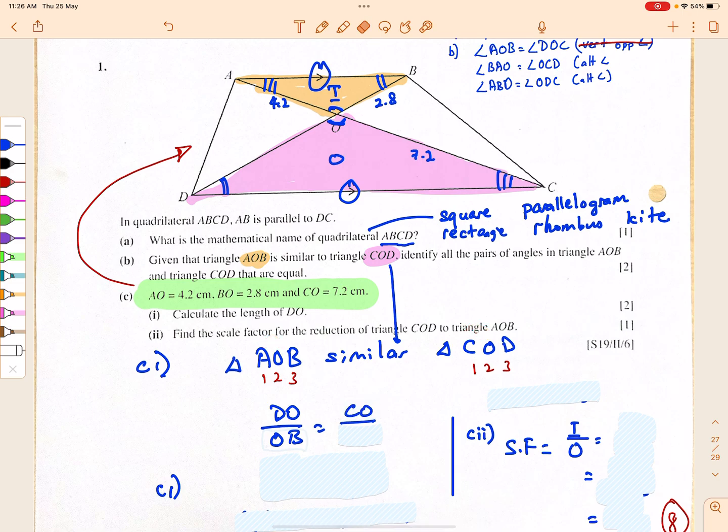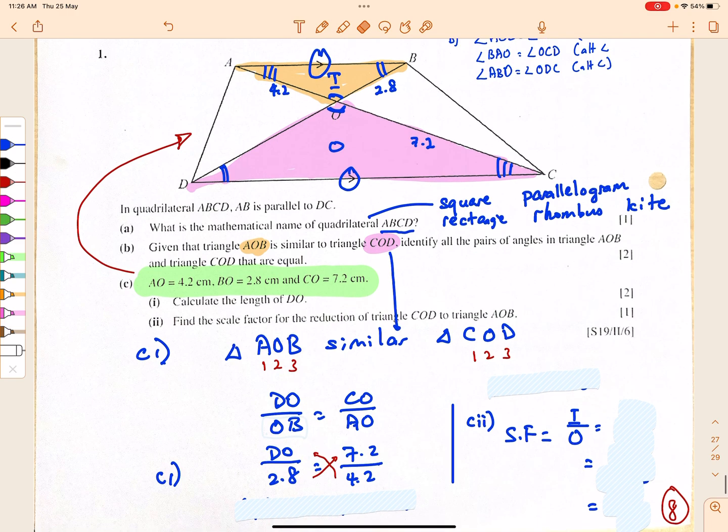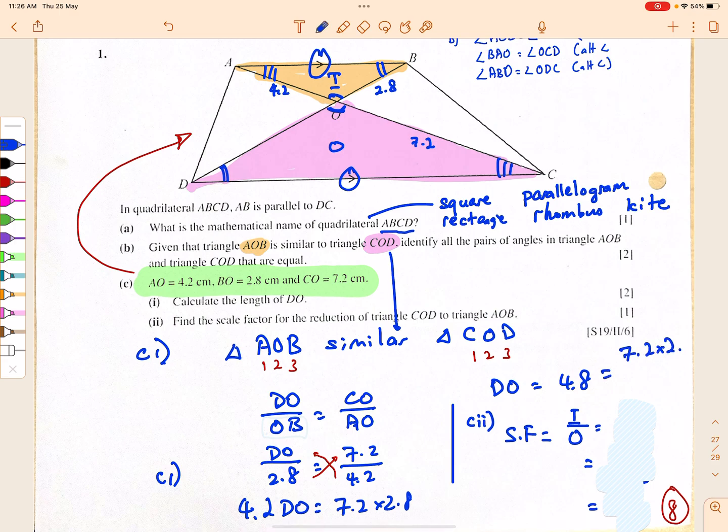So OC and AO, then I put in the numbers that they did give us. Now to find DO, I need to cross multiply. So I need to take 2.8 times 7.2, and there you go, right? And then 4.2 over. I don't want the 4.2, I bring the 4.2 over, I just divide. So to get 4.8, I need to take 7.2 times 2.8 divided by 4.2.